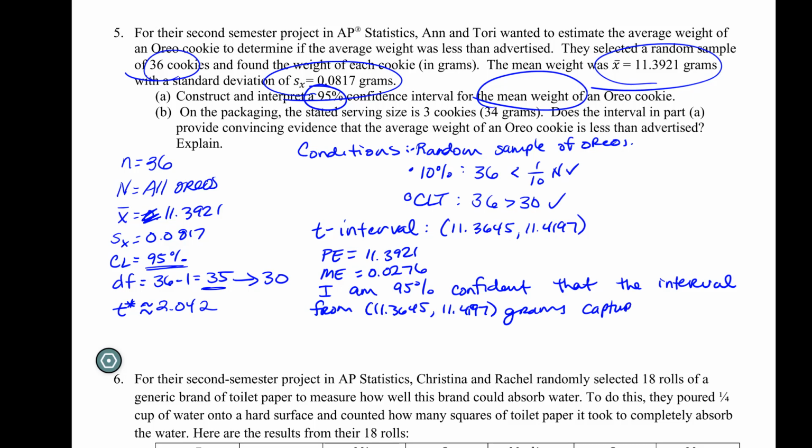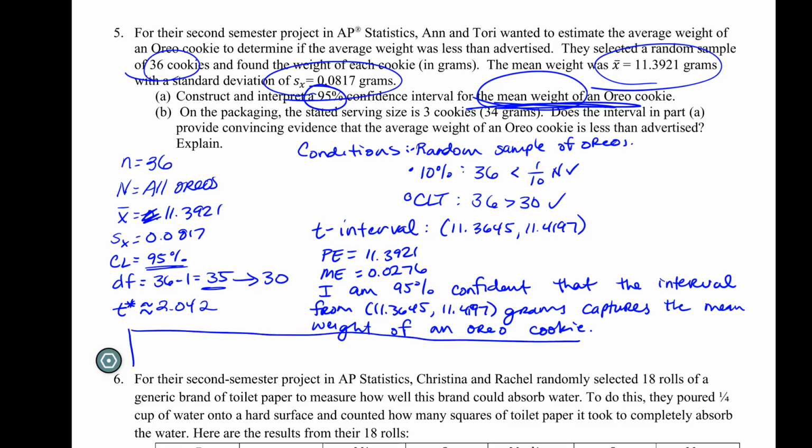Well, what is it that I am trying to make an estimate for? The mean weight of an Oreo cookie. Captures the mean weight of an Oreo cookie. Okay, so that's it. That's making the confidence interval and interpreting it. Easy peasy. Now let's take a look at part B.